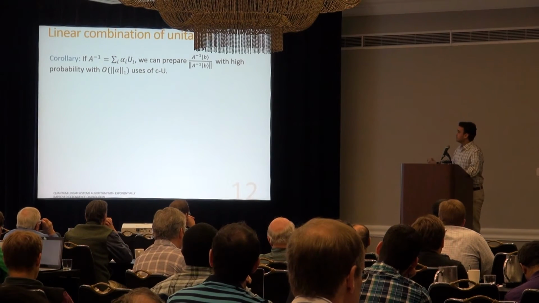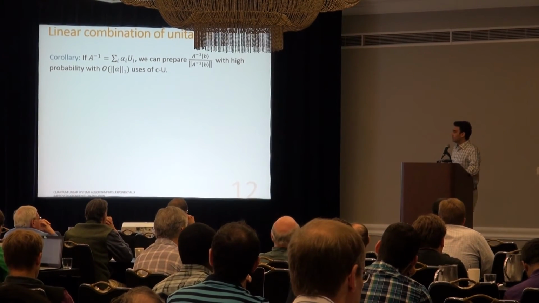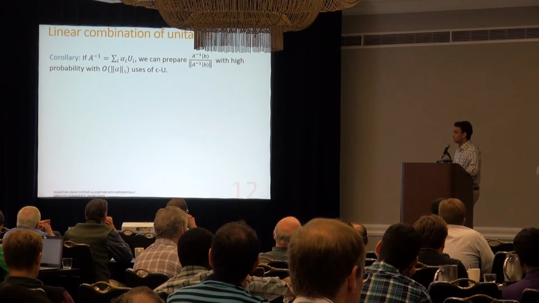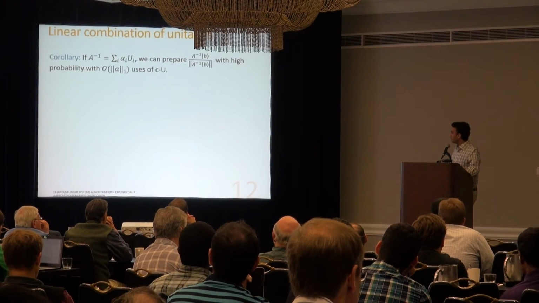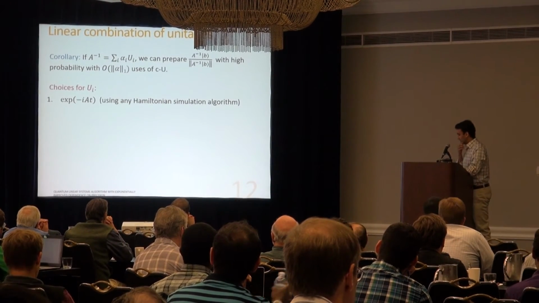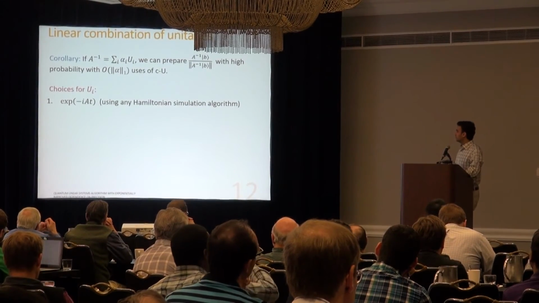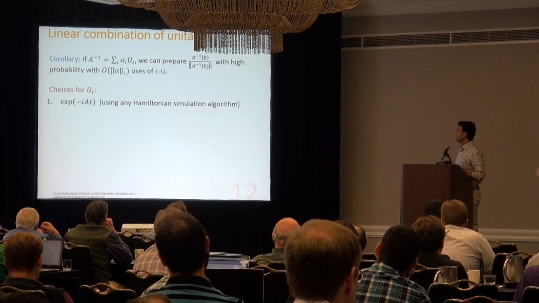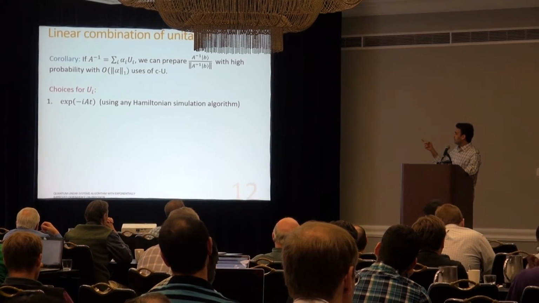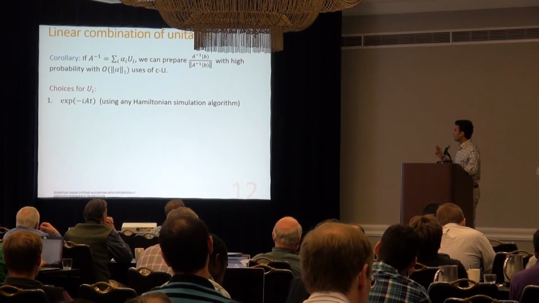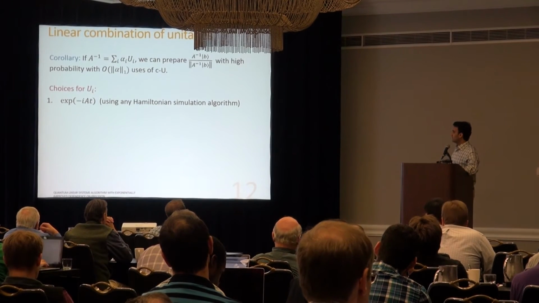And if you've worked on quantum algorithms before, then you've probably seen one thing you can do is use Hamiltonian simulation as a subroutine. So Hamiltonian simulation is an algorithm that efficiently prepares for you a quantum circuit that applies the unitary corresponding to e to the minus iAt. So A is the matrix A, t is just some time t.